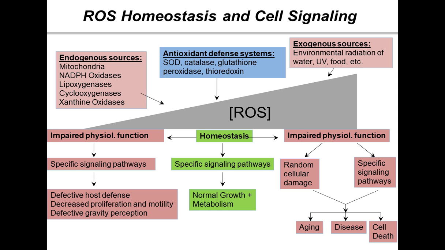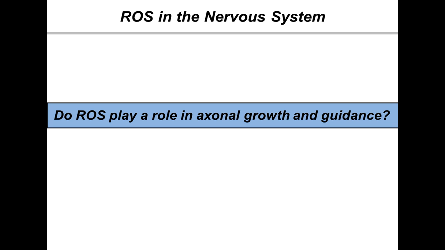And some examples of that are decreased motility, decreased proliferation, defective host defense, and defective gravity perception. So it appears now that somewhere in the middle is the best for cells. So that's homeostasis, where you have normal growth and metabolism and normal functioning signaling pathways.